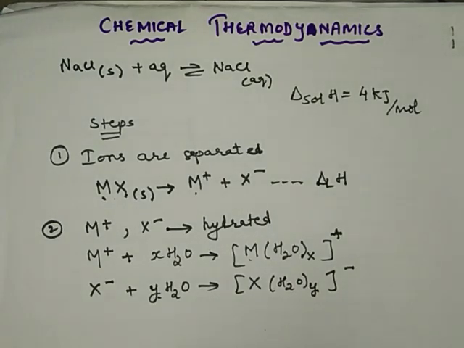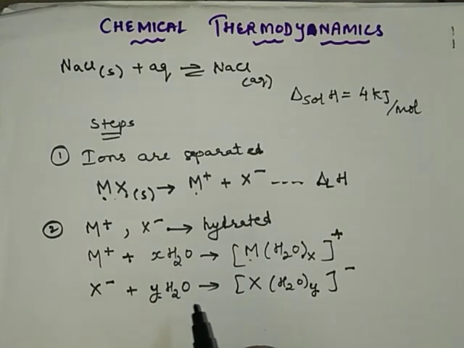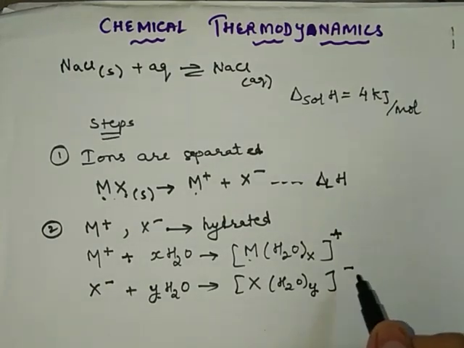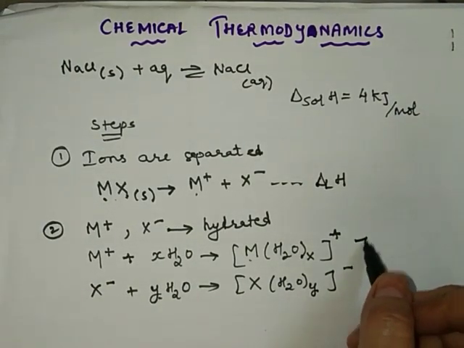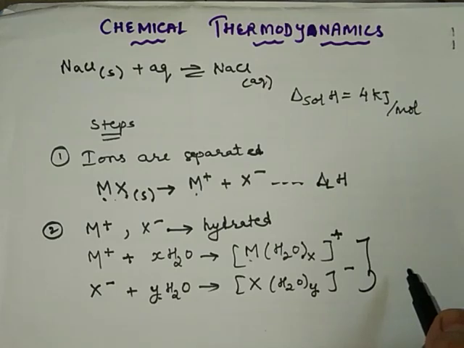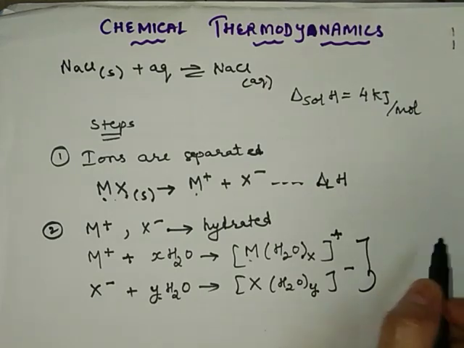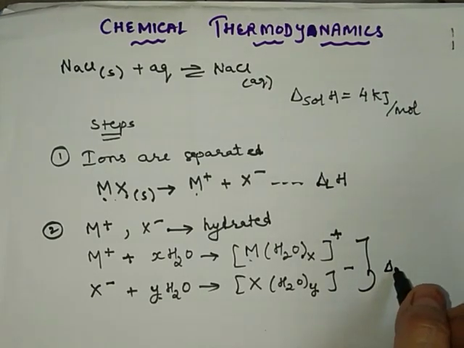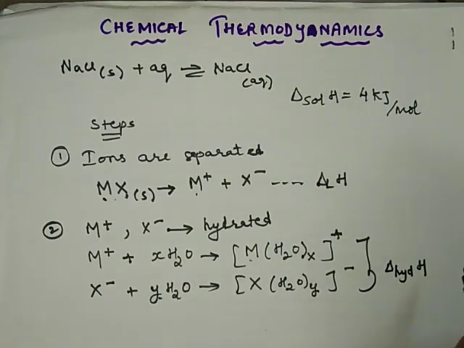Now remember, the delta H, the enthalpy change for this second step, is always negative, and it is called enthalpy of hydration. So for these 2 steps, the second step's enthalpy change is the enthalpy of hydration, which is represented in this way.